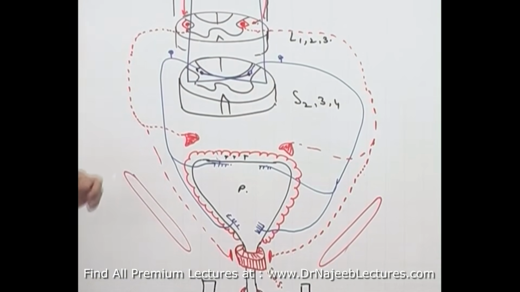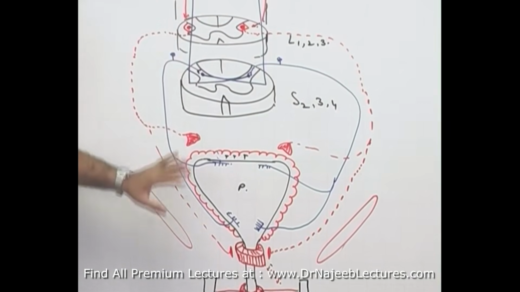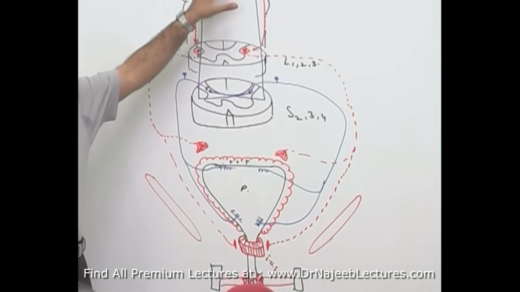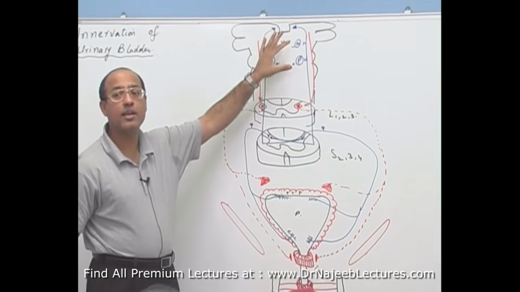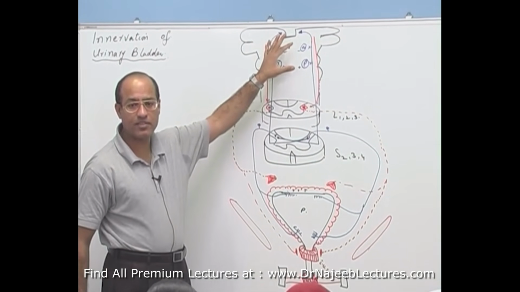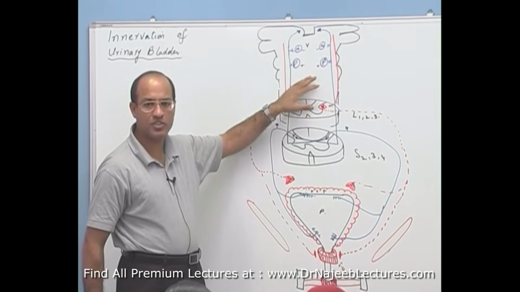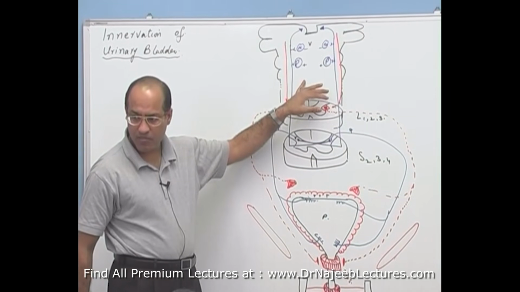What really happens? You are sitting comfortably, but all this is happening automatically. That sensory input is going to the central nervous system about the bladder filling. You may become conscious if it is significant stimulation, or you may not be conscious if it is less than significant stimulation. But what really happens, the central nervous system decides to hold the urine or still remain in the filling phase of the bladder.